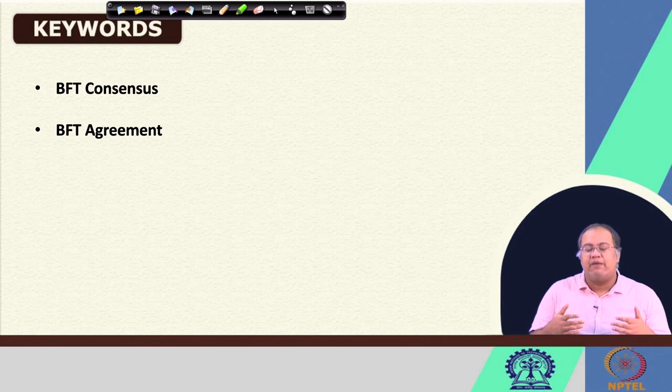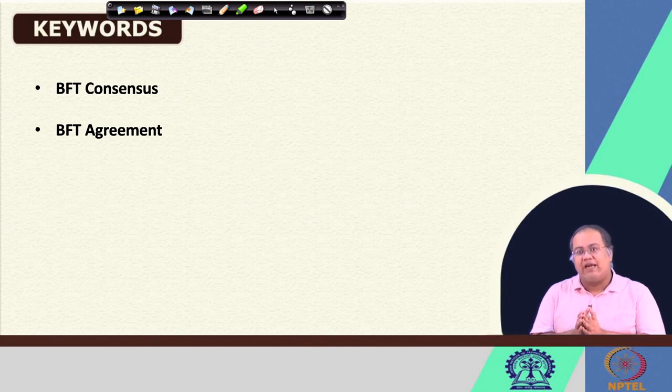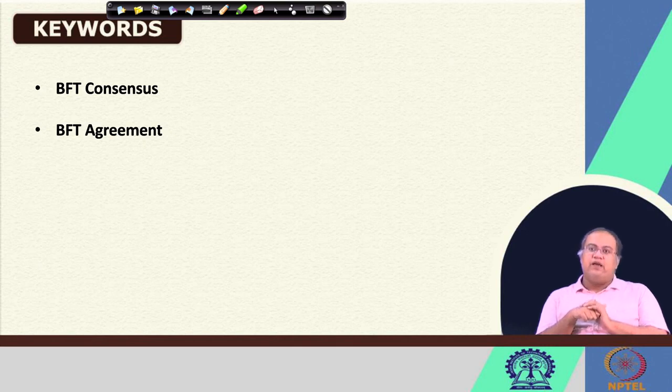These things will become much clearer in the context of BFT consensus, which we are going to talk about starting from this lecture, and you will learn how Byzantine faults can be tolerated in a distributed environment. This is very important for designing consensus algorithms for a permissioned or closed blockchain network.